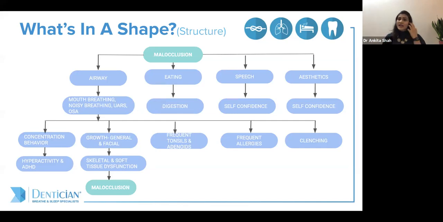The spectrum of SDB is also causing frequent tonsils and adenoids. Now, there have been two schools of thought here. Earlier, everyone believed that because there are tonsils and adenoids, that's the reason you start mouth breathing. But there is also an opposite school of thought which states that when you're mouth breathing, you're actually exhaling out a lot of carbon dioxide.